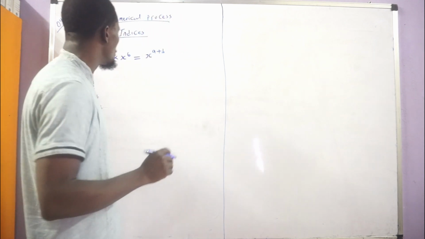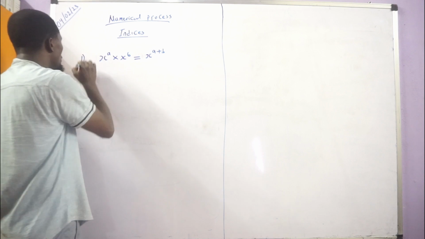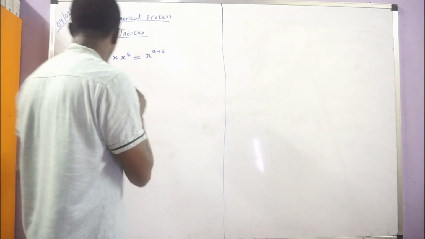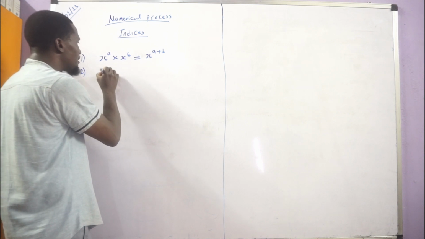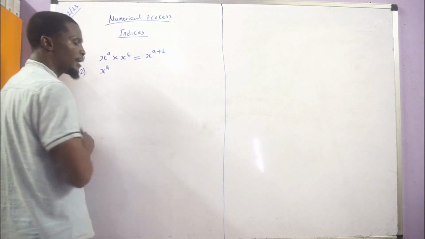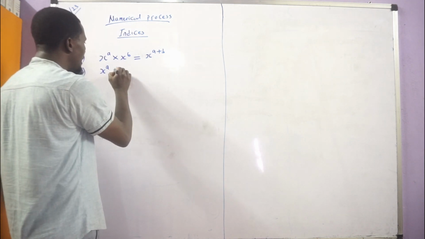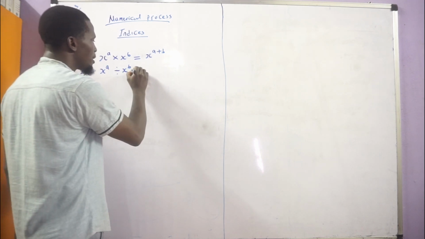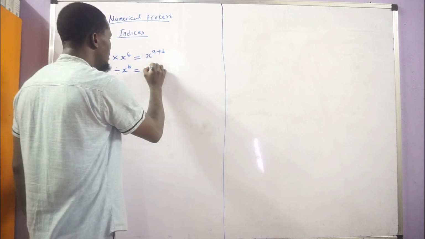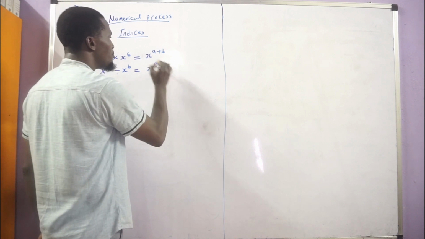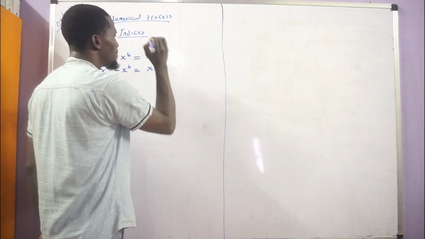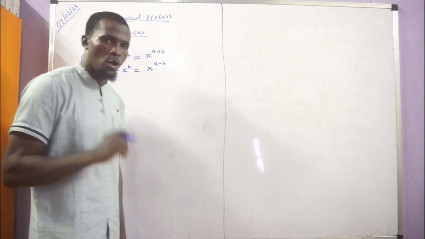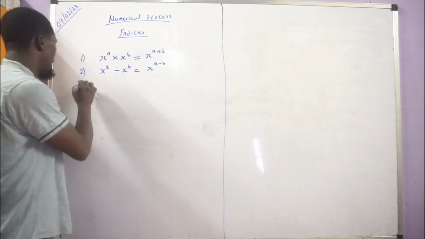So that's the first rule. The second rule or law of indices is when you have x raised to power of a divided by x raised to power of b, it will give you x raised to power of a minus b. That is the first two laws.